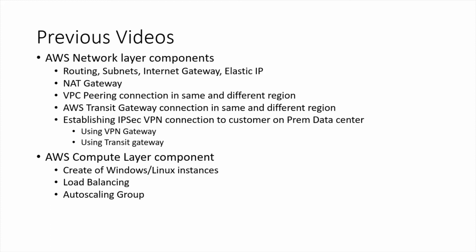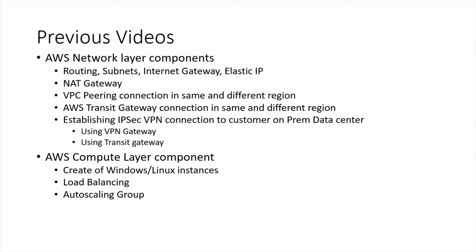These are really advanced concepts, and you can try these. Also, I have created videos for establishing an IPsec secure VPN connection from AWS Cloud to an on-premise data center, using VPN gateway and transit gateway.